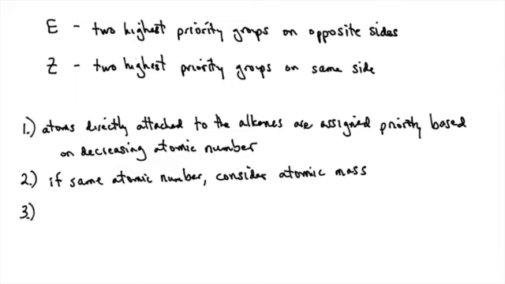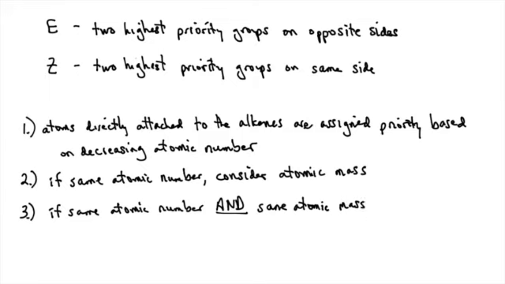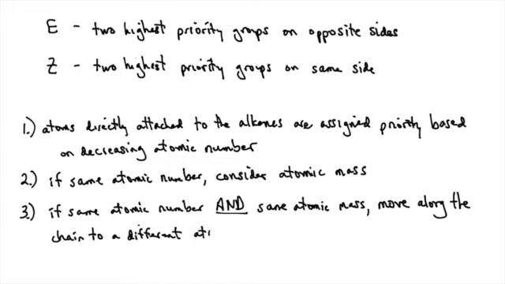If those two are the same, if two groups have the same atomic number and the same atomic mass, you have to move along the chain to a different atom, until there's a difference in priority.